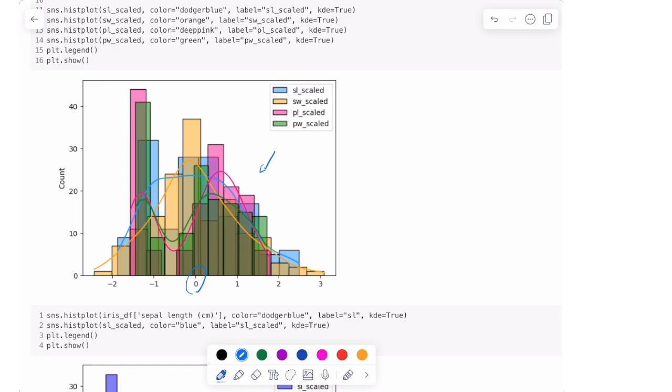So the distribution of these four features will be closer. Okay, as we mentioned before, in gradient descent, if you do so before you apply any algorithm, it will be much easier for the gradient descent to quickly find the lowest MSE value with fewer steps.